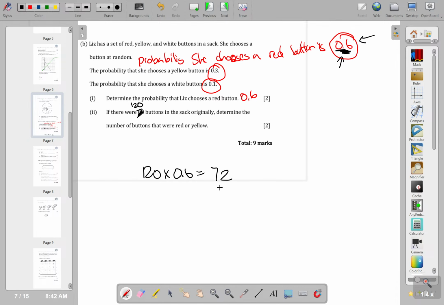Let me just check myself, because I don't want to show the wrong thing. 30% of them are yellow. So this is the red buttons. Once again, this probability is almost like how we did percentages and fractions. It gets applied, meaning multiplied, to the total.